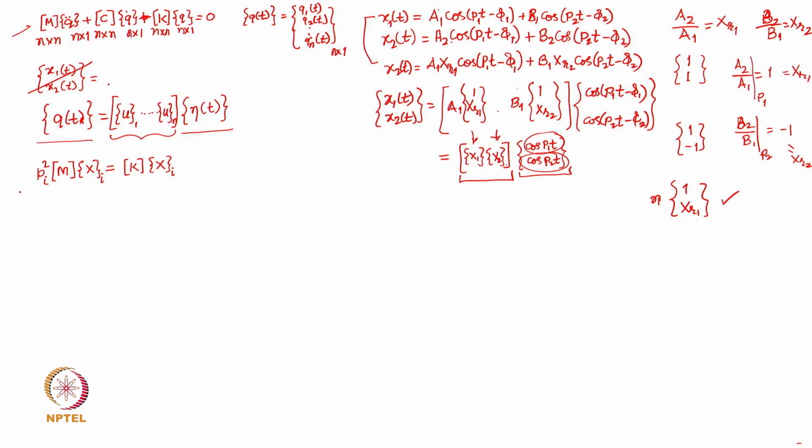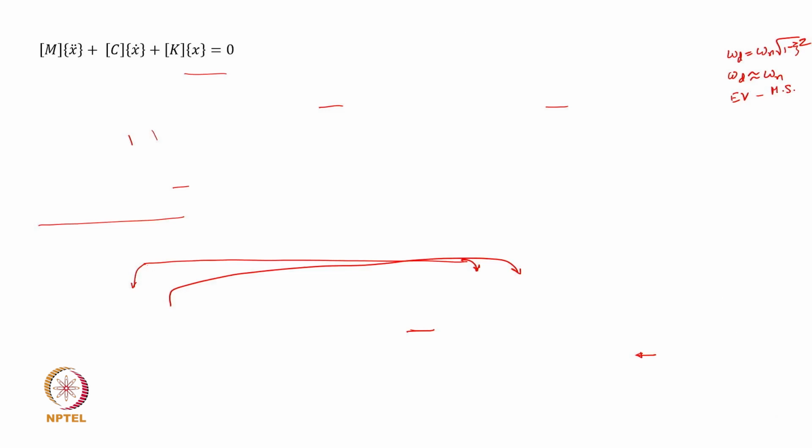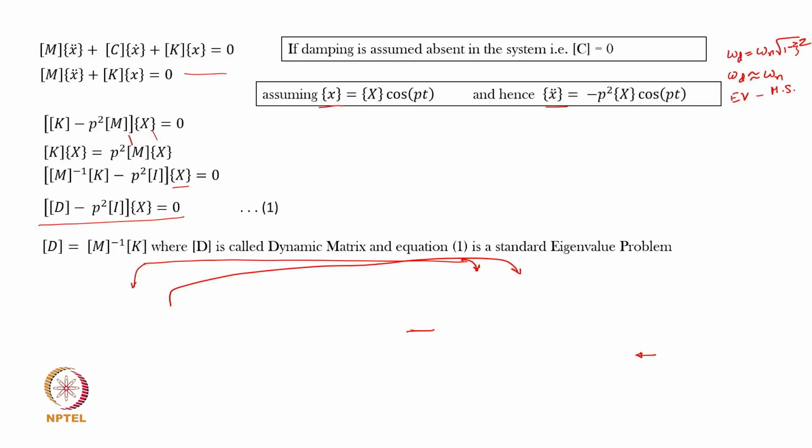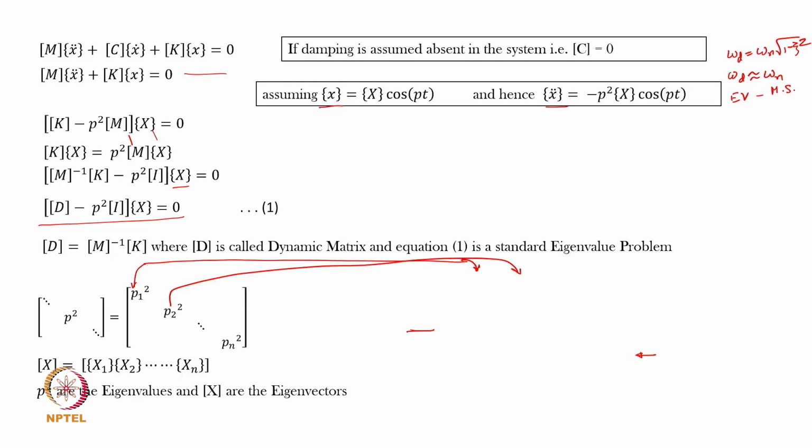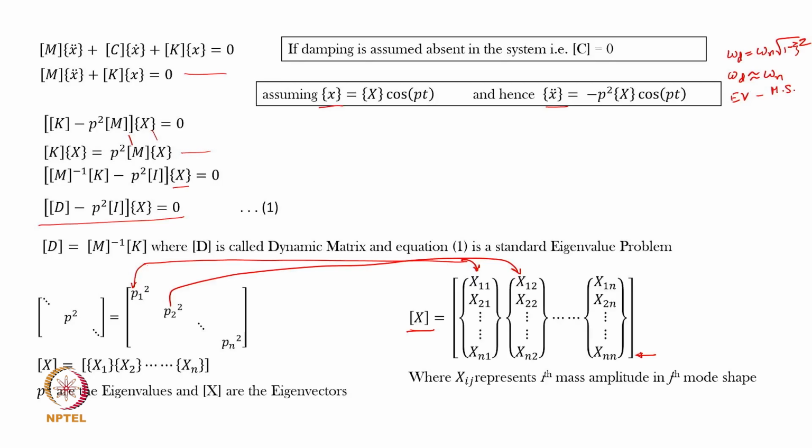Based on the equation that we had solved here, we will start from this particular equation, p squared m into X equal to k into X, where capital X is one of the mode shapes or a modal vector, and p represents that particular natural frequency.